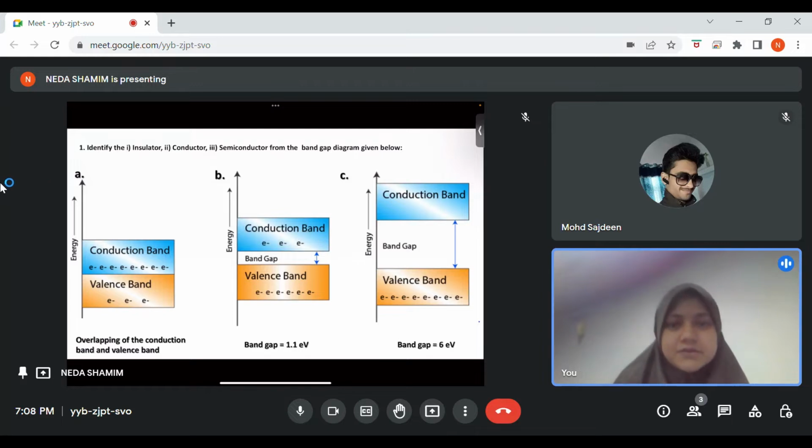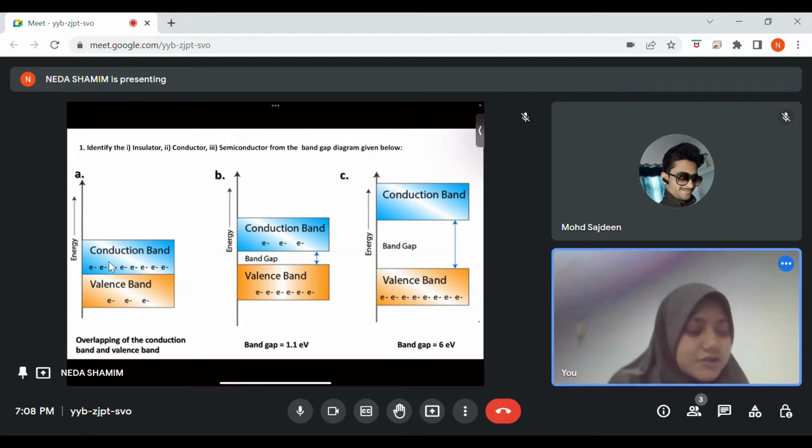We need to know the basics of semiconductors. So how do we differentiate a semiconductor from an insulator and a conductor? Based on that, this is my first question.